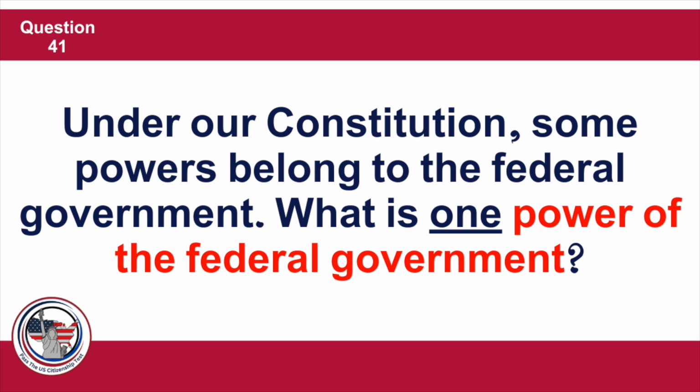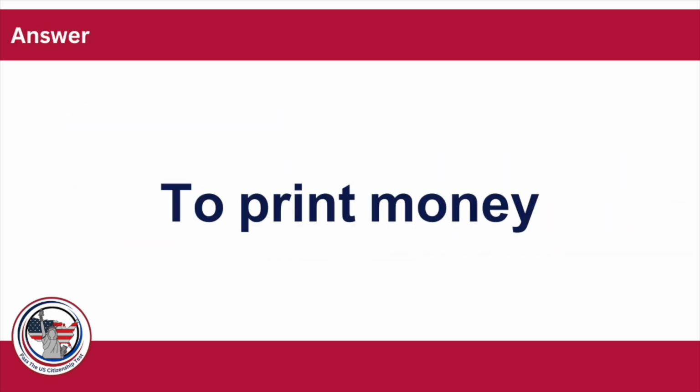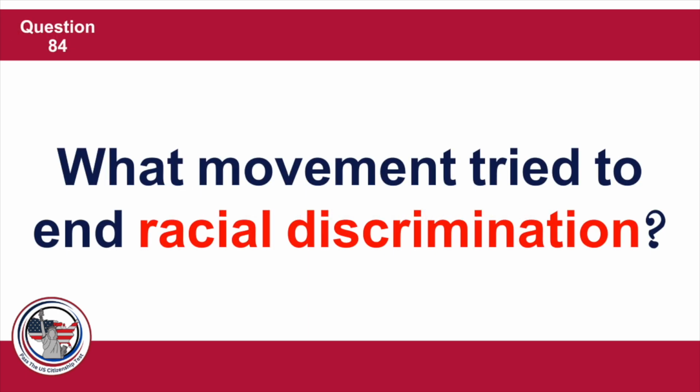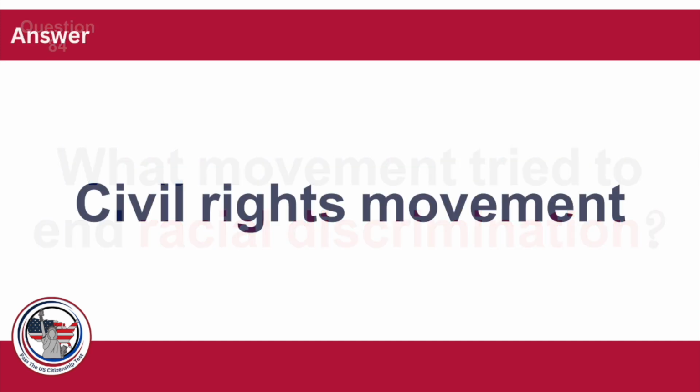What is one power of the federal government? To print money. What movement tried to end racial discrimination? Civil rights movement.